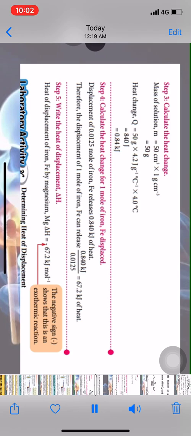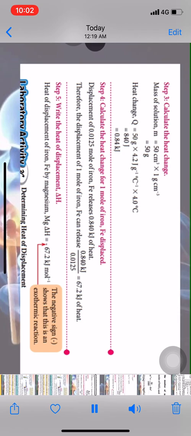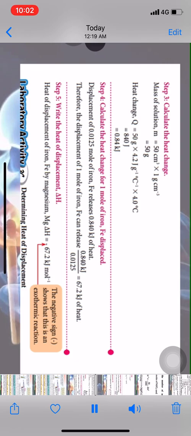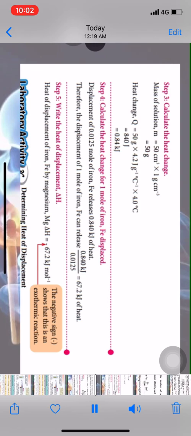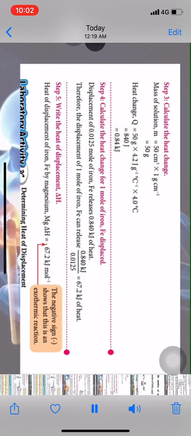So step 5, write the heat of displacement. Don't ever forget the delta H, and don't forget to put the negative sign, negative 67.2 kJ mol^-1, because the negative sign shows that this is an exothermic reaction. Remember that heat of displacement is also an exothermic reaction.